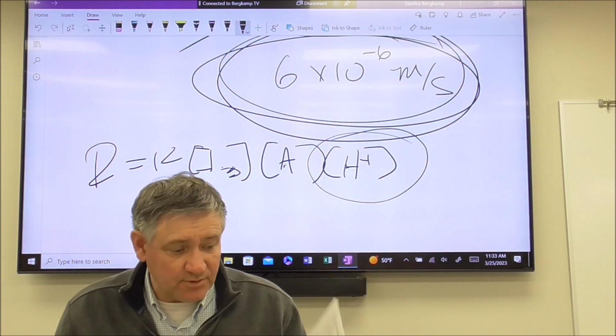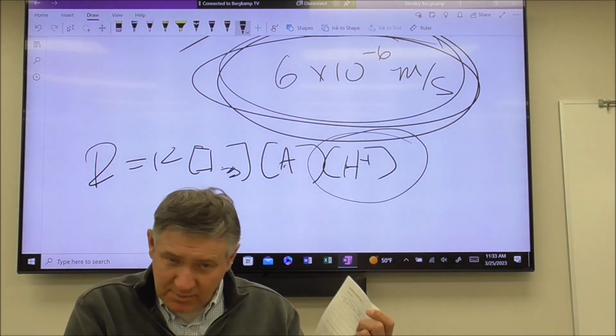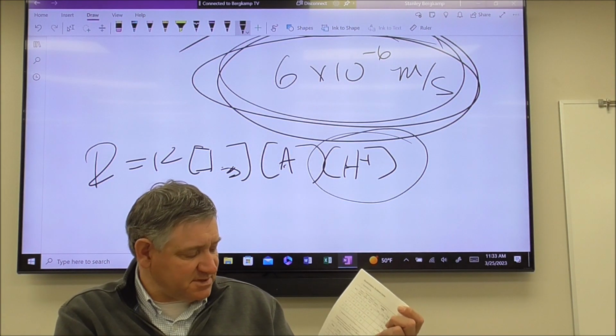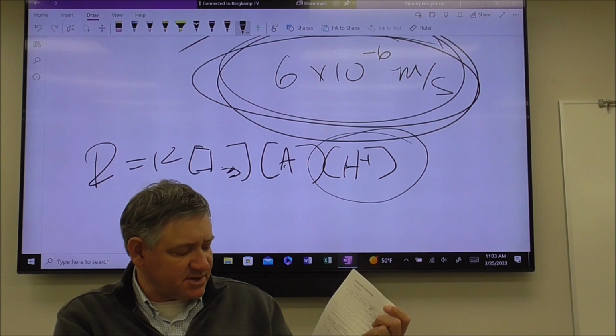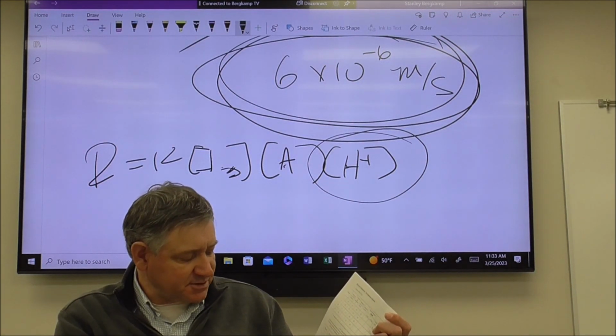So what you want to do, listen to me very carefully, and I'll take you through this. Here on page 4 it says, substituting the initial concentrations, write equation 3 as it would apply to reaction mixture 2.